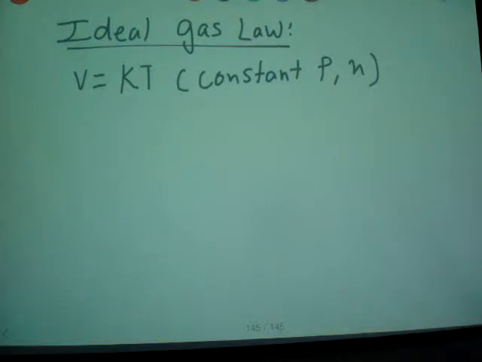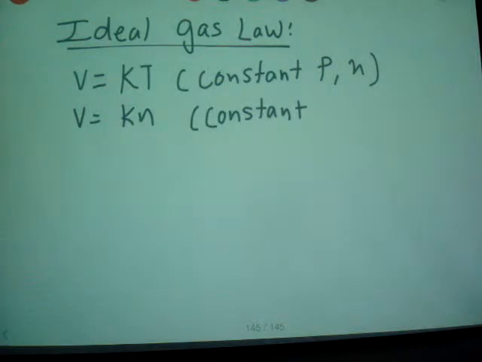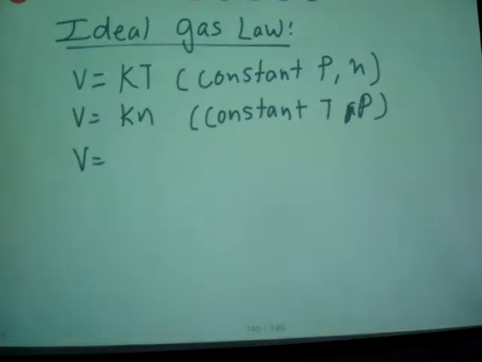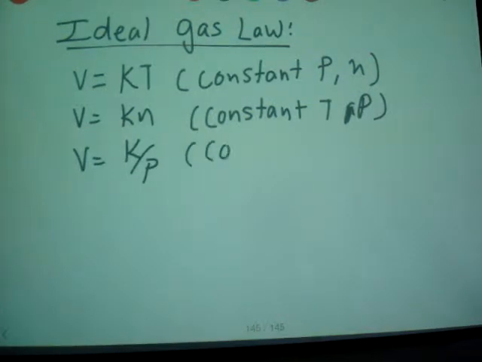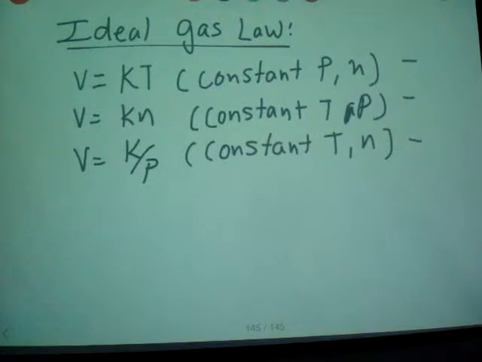We know that V equals Kn, at constant T and P, Avogadro's law. V equals K divided by P, with constant T and n. All three laws: Boyle's law, Avogadro's law, Charles' law.